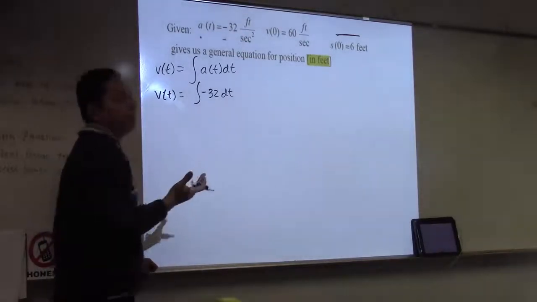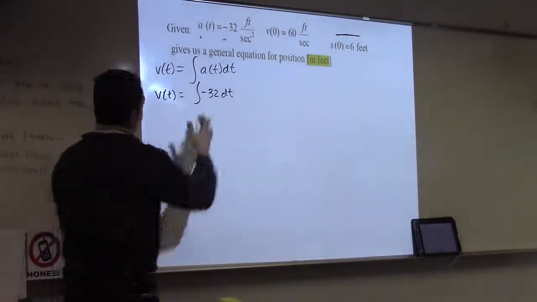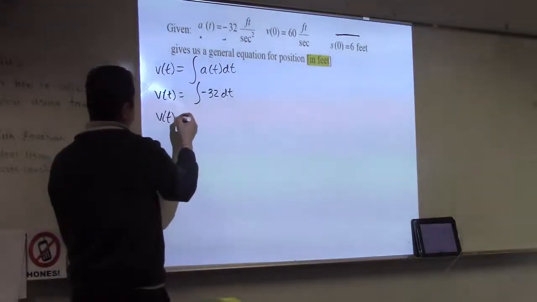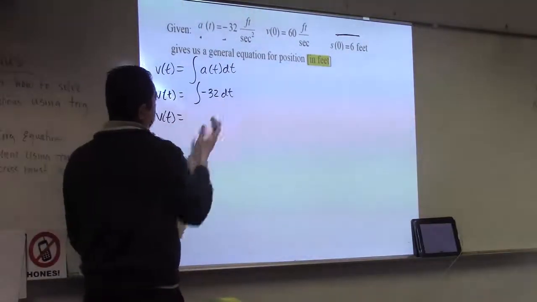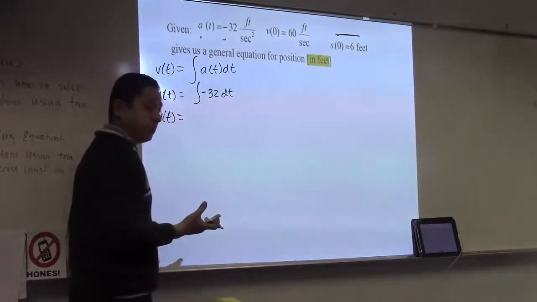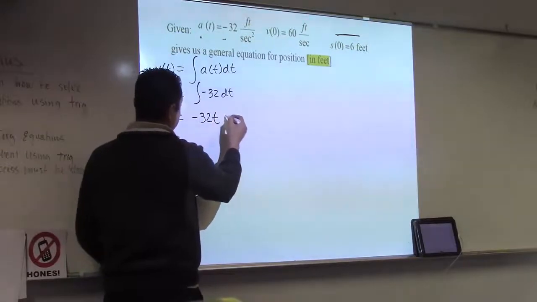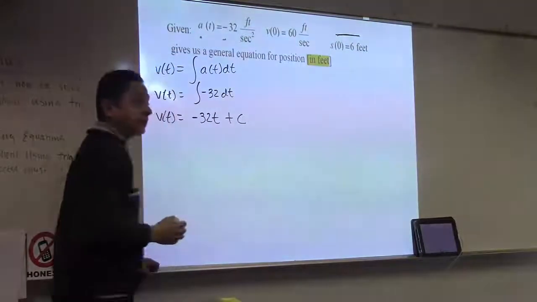Where did I get this negative 32 from? It's the acceleration function. There it is. So velocity equals the antiderivative of negative 32, which is negative 32t plus c.